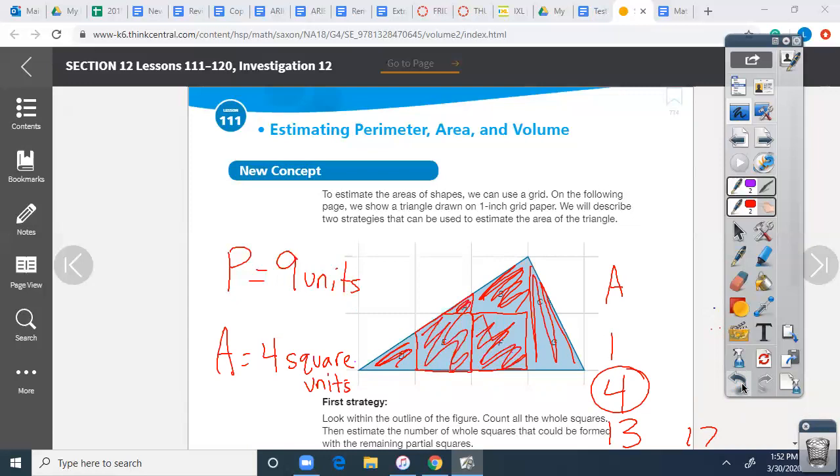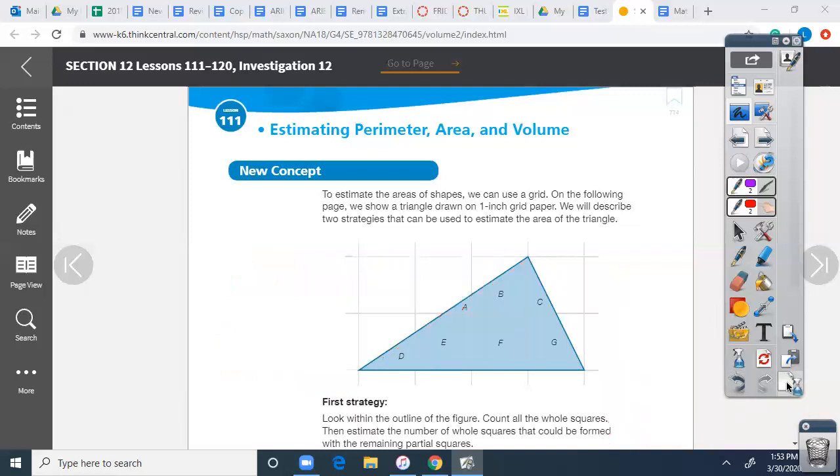You're just going to look at the shape, and then you're going to just guess about, for perimeter, about how many of these ones do we have, and then for area, how many full squares do we have that are all the way filled in. Okay, we're going to practice one more example. If you have your book with you, we're going to skip the next page.